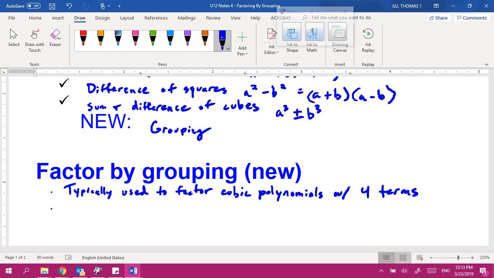But it can also be used to factor trinomials. But for our purposes, we're going to be using it mostly to factor cubic polynomials with 4 terms.